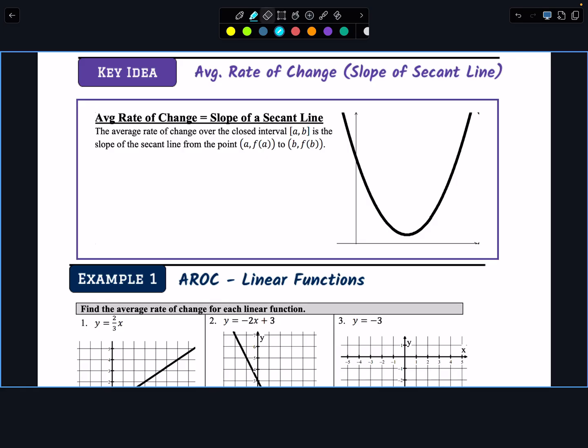So it says the average rate of change of f over the closed interval a to b is the slope of the secant line from the point a comma f of a to b comma f of b.